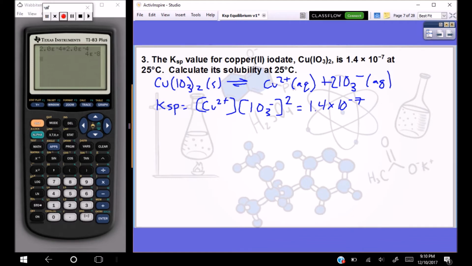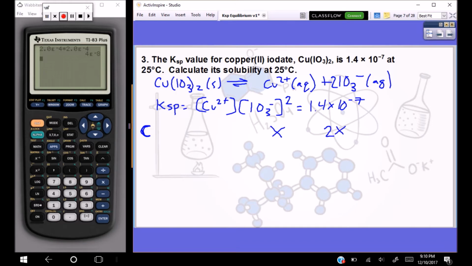Well, in a sense, we're going to treat this like a rice table because it's still equilibrium. So what we really need to know is our change in that C column, right, of the rice table. So we know that the change is going to be proportional to our balance equation. So copper 2+ has a change of X, and iodate has a change of 2X.